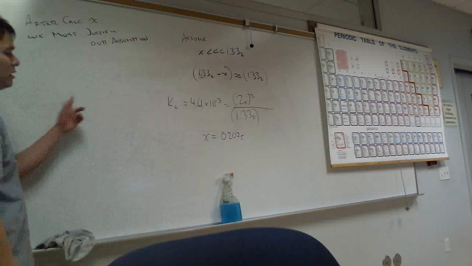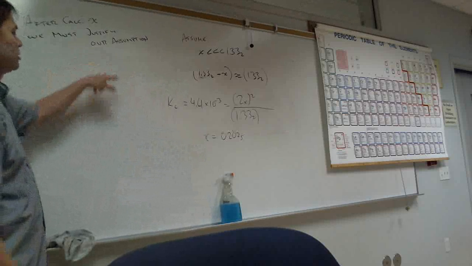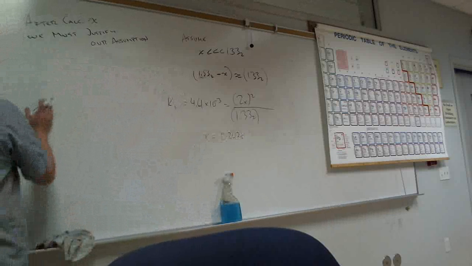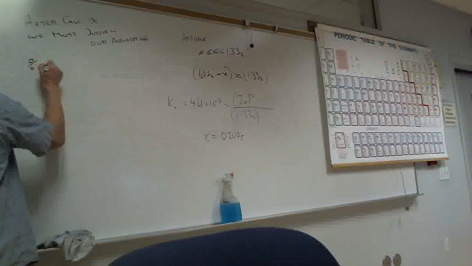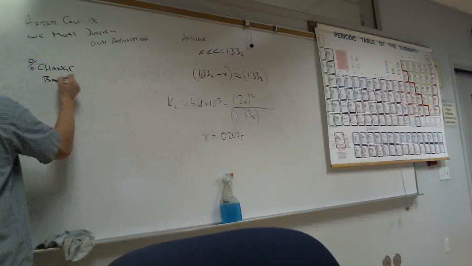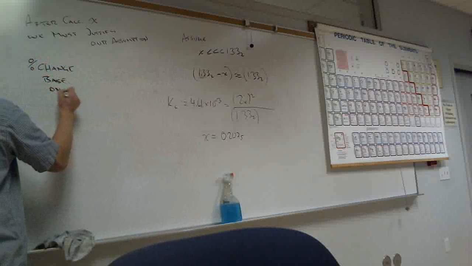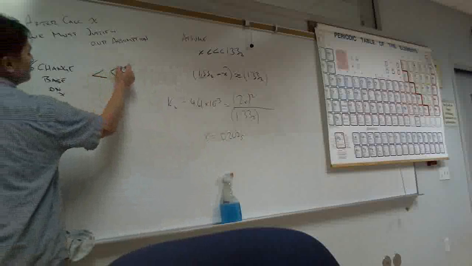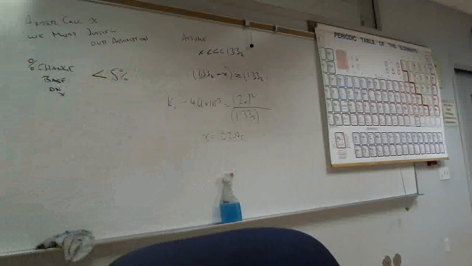And so it's kind of like a circular justification. And our circular justification is this: the percent change based on x must be less than 5%. And so in other words, it has to be a small percent change.